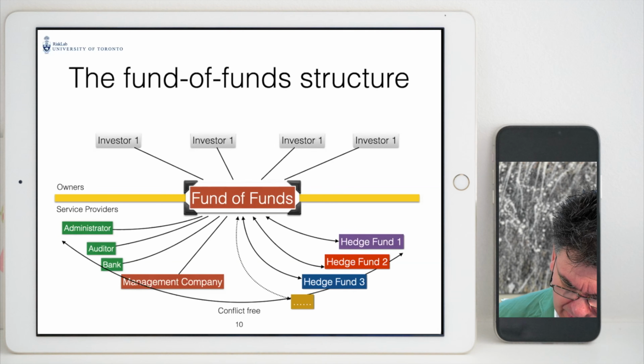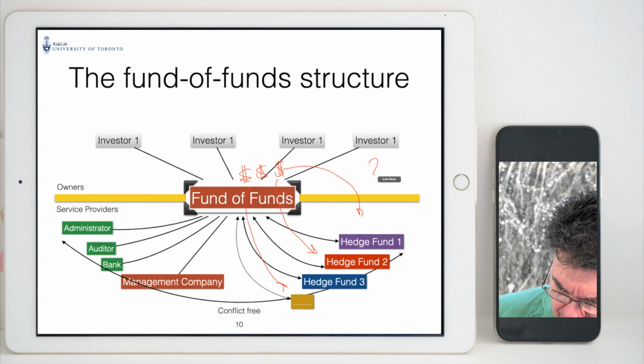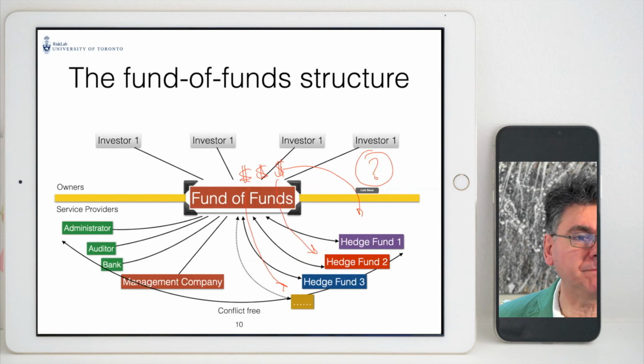The question is now, here you have a lot of money. How do you decide how much money goes to the different funds? This is the big question. How do you take all the money in your fund and decide how much money goes to Fund 1, Fund 2, or Fund 3?